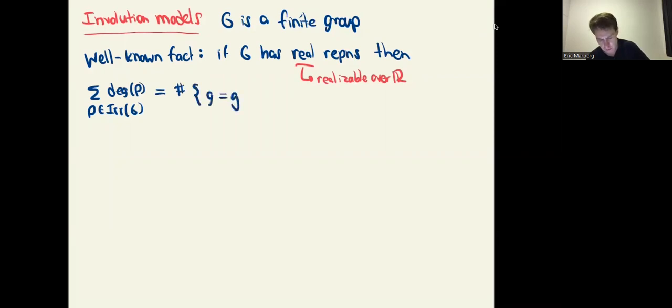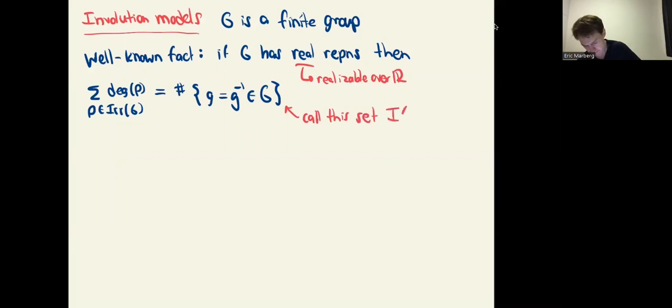So the number of elements g in G that are equal to their inverse in G. Okay, so let's call this set I of G.